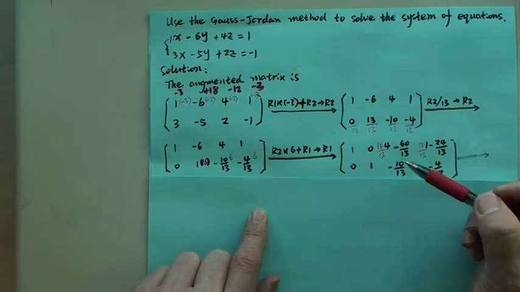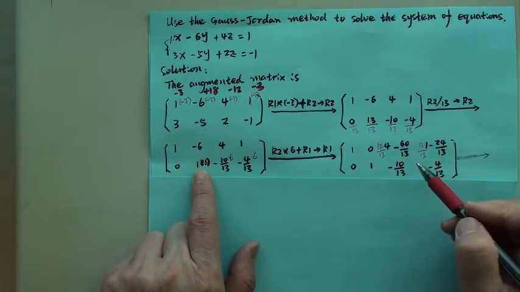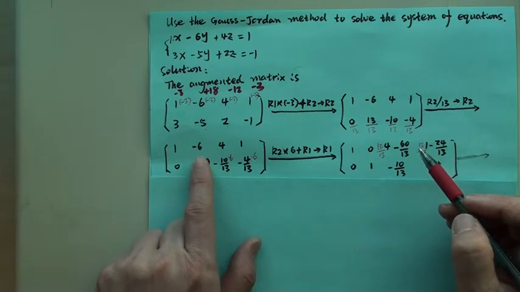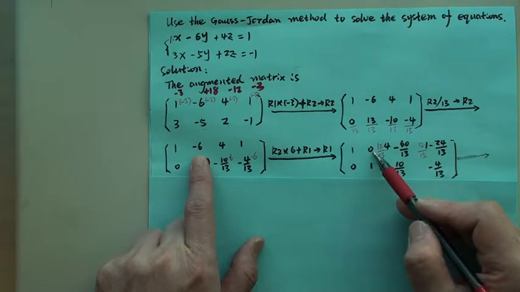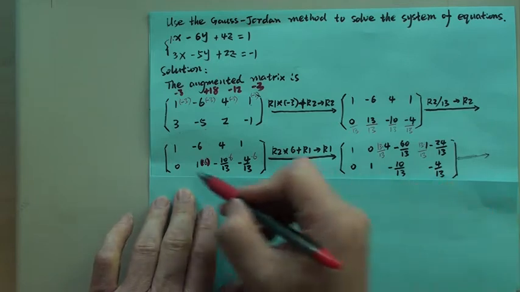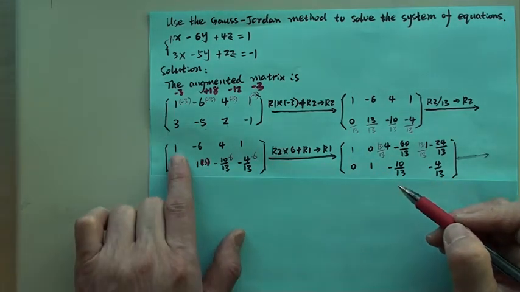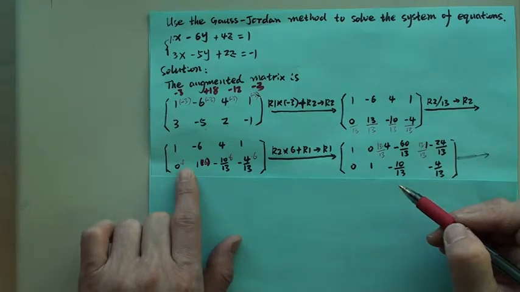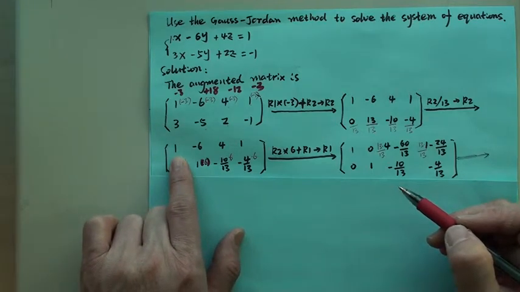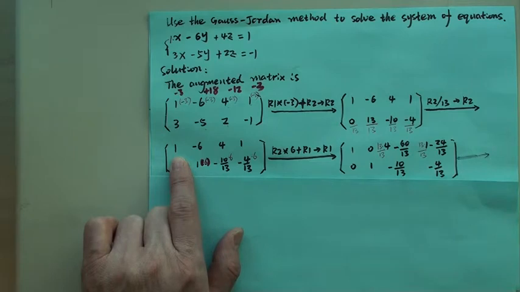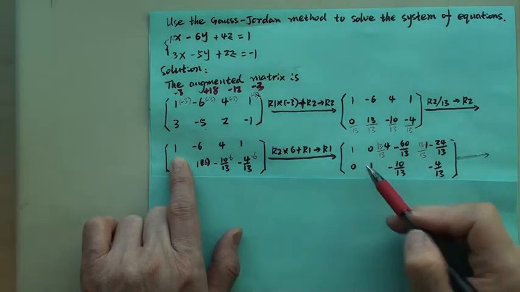So what do we get? 1 times 6 is 6, added onto negative 6 gives 0. Then 0 times 6 is 0, added onto that, you have 1 still.